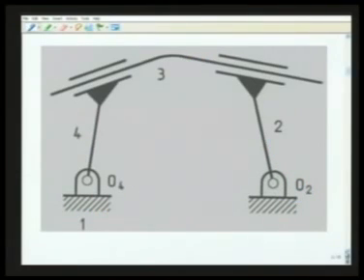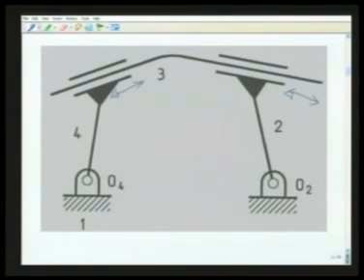It may be interesting to see what happens if the directions of the two prismatic pairs are different. Between 3 and 4 it is in this direction, whereas between 3 and 2 it is along a different direction. Consequently, here the formula will work perfectly because there is no redundant degree of freedom. I cannot move link 3 without transferring motion to links 2 and 4.